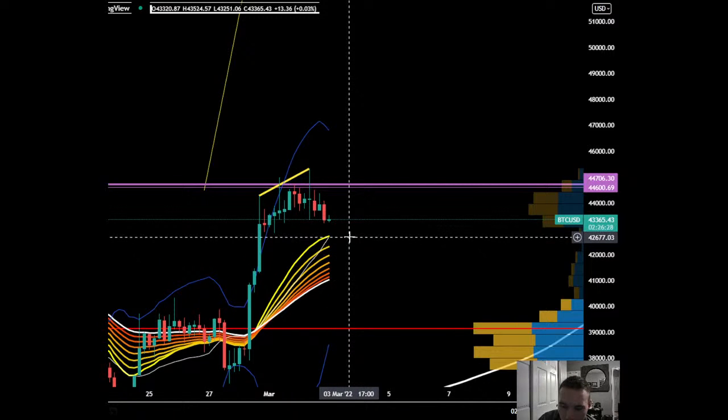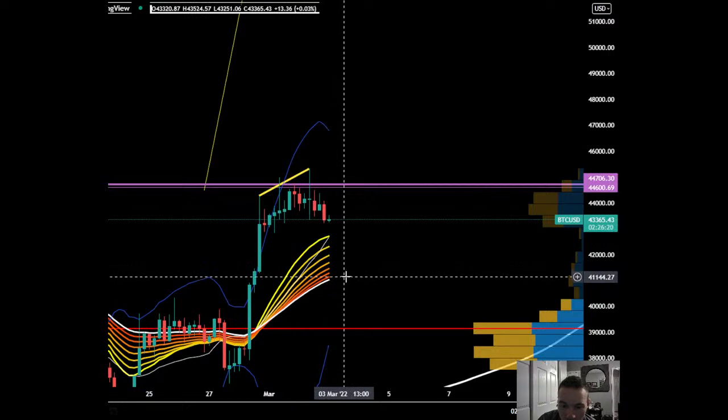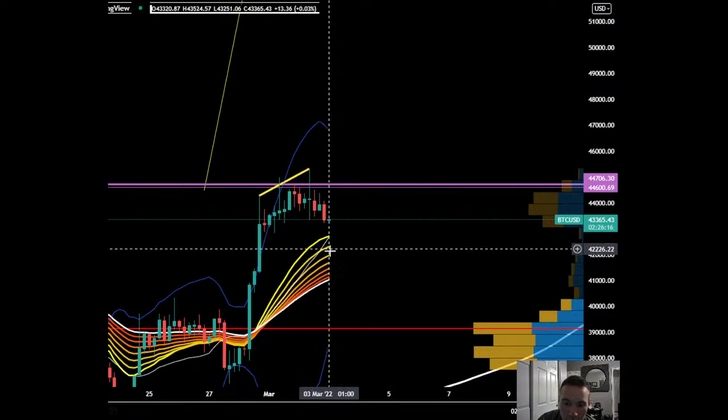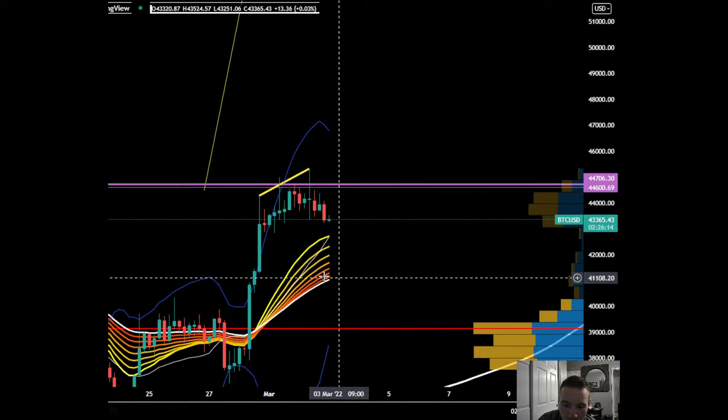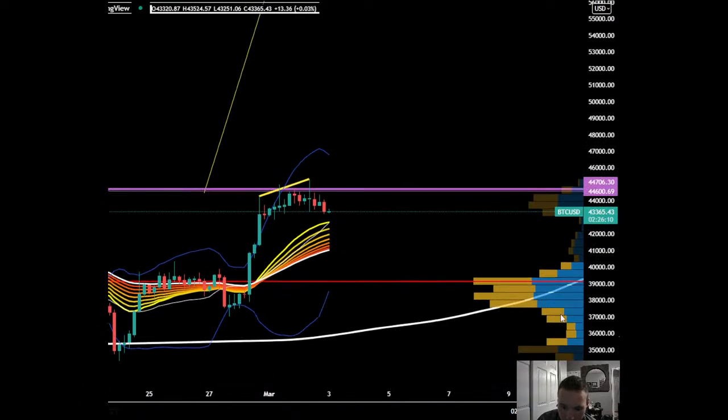It wouldn't be bad at all. It'd actually be very bullish if it went to 42,700 and bounced. But don't be surprised if it comes all the way down and tests some of these EMA key moving averages. This white moving average is very important. That's the 20.